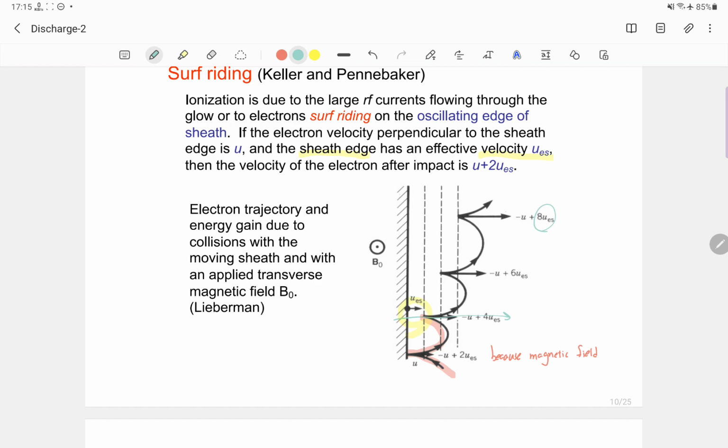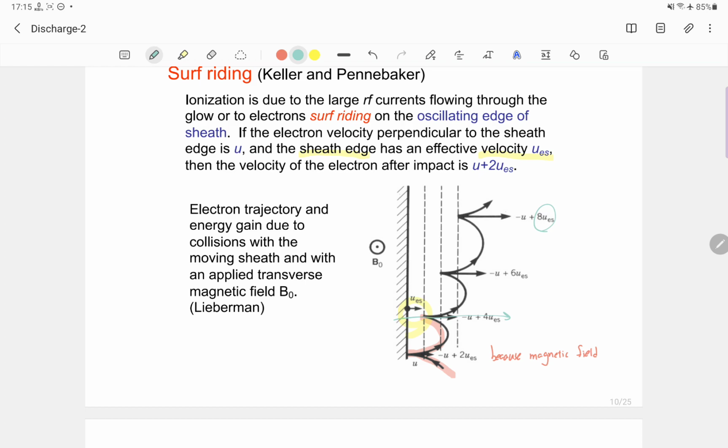And since the energy of the electron equals 1/2 of the mass of the electron times the square of the velocity of the electron, by the working of the moving sheath, the energy of the electron will keep increasing. Okay. And this effect is named the self-heating effect, because the sheath oscillates back and forth in the RF field.